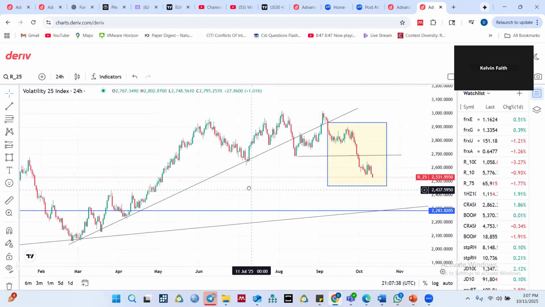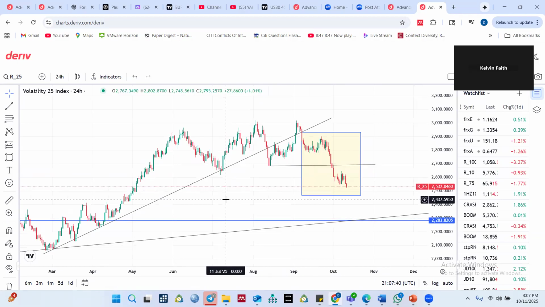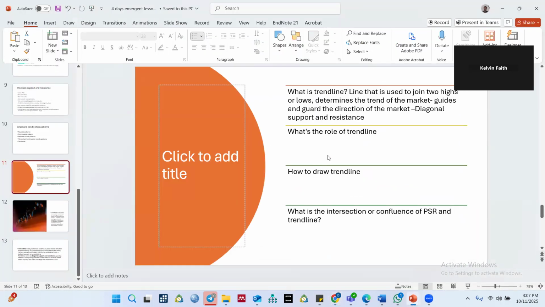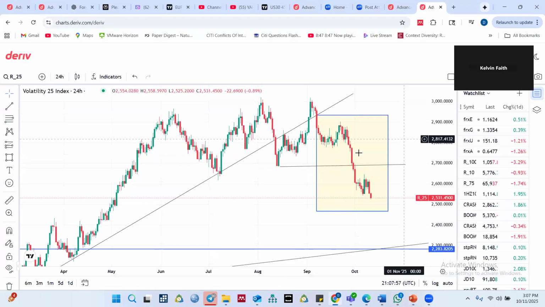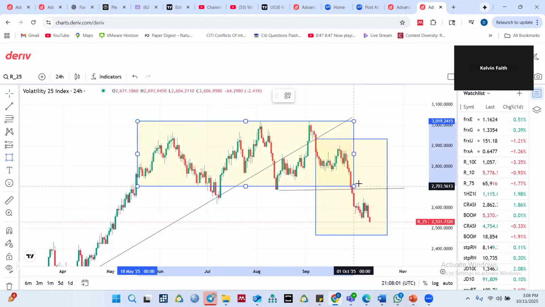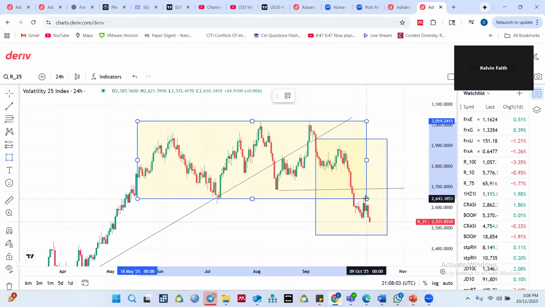But what we are trying to study here is the intersection or confluence of the PSR, the precision support resistance, and the trend line. So let's say on this chart, up above here, we want to draw a precision support resistance.